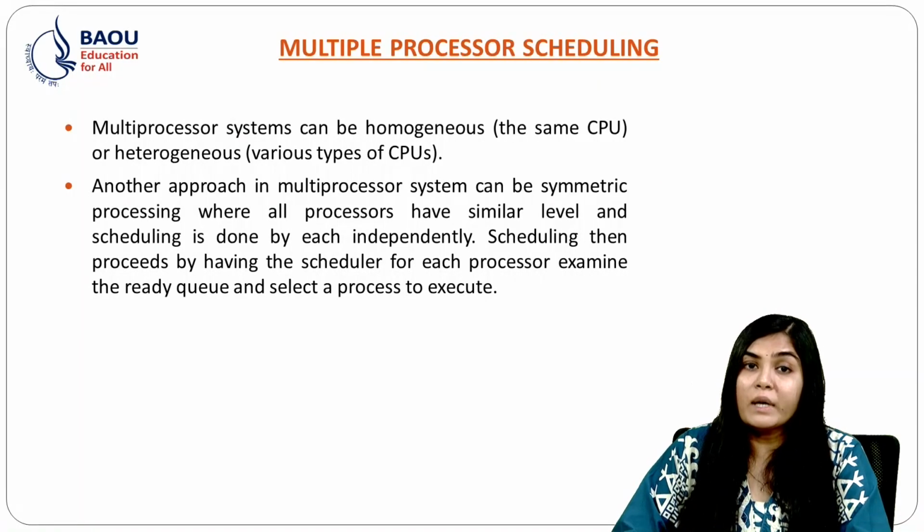Another approach in a multiprocessor system can be symmetric processing, where all processors are at a similar level and scheduling is done independently by each processor. In an SMP system, each processor is comparable and has the same access to the memory and IO resources, meaning input output resources, while in the asymmetric architecture, one processor known as the master processor has complete access to all of the system's resources, particularly memory and other IO devices.